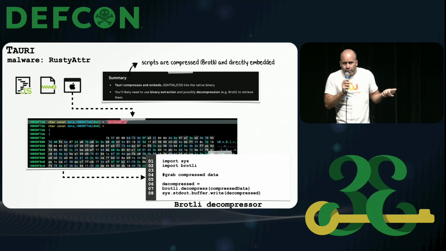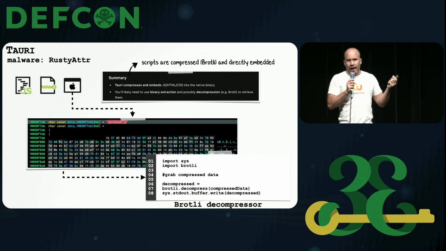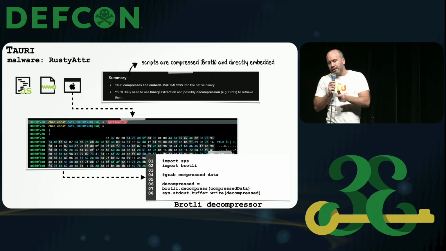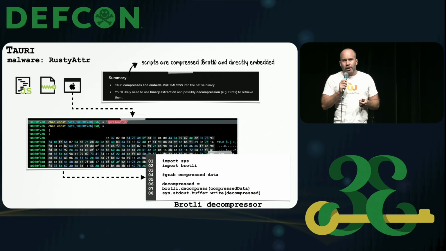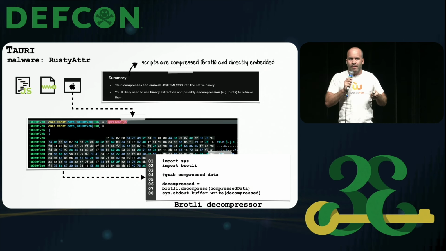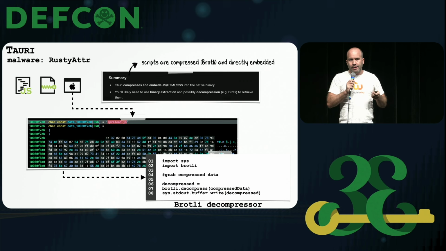I wasn't very familiar with that, but ChatGPT also created a nice Python decompressor script for me. Turns out there's a library that can handle the decompression. So we can use this very simple decompression Python script.